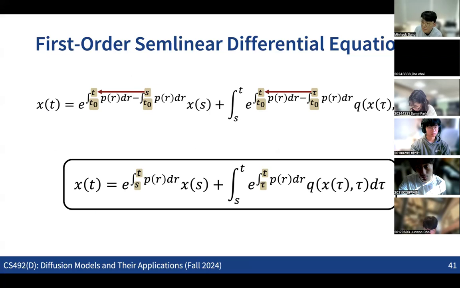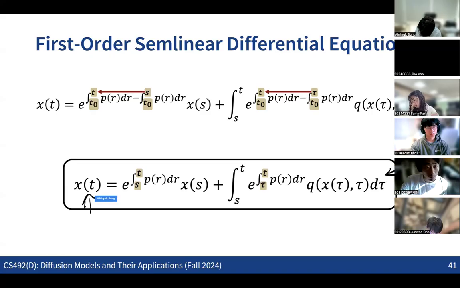This is also the same: we are taking the integral from t to t0, and the other one is from tau to t0. So we can consider taking the integral from tau to t. So this becomes the final formulation for x_t.